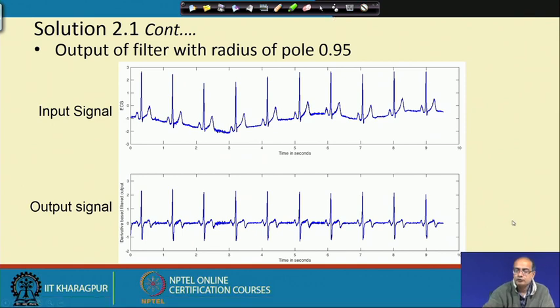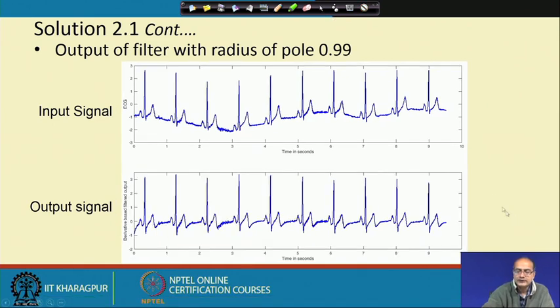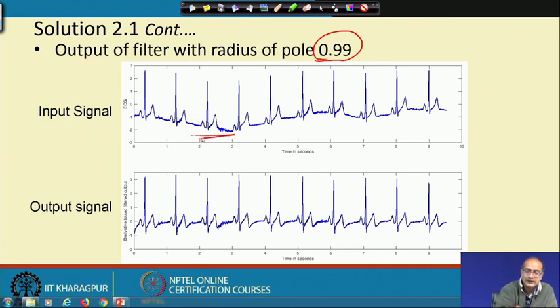So, now we move further, we go for the pole location at 0.99. In that case, we find that the baseline is removed, and if we take any cycle, say this cycle here, the corresponding output looks pretty much the same. We have the P wave, which is similar to the P wave in the input signal. The T wave has also come back in the output in the same way.